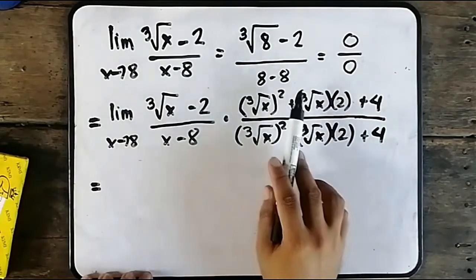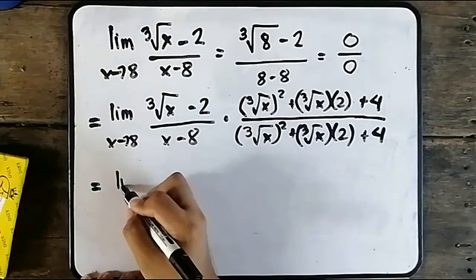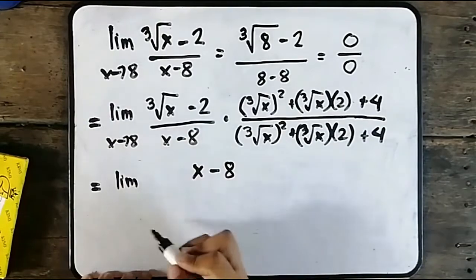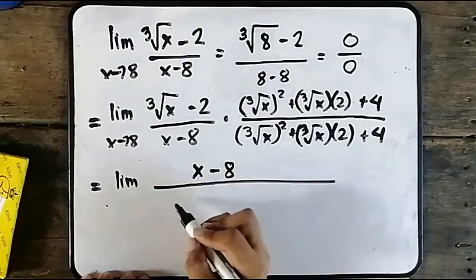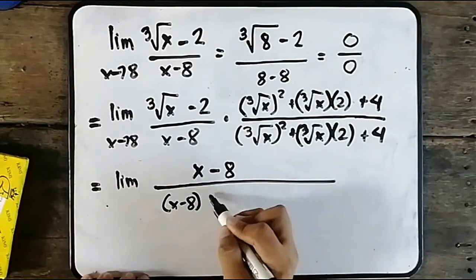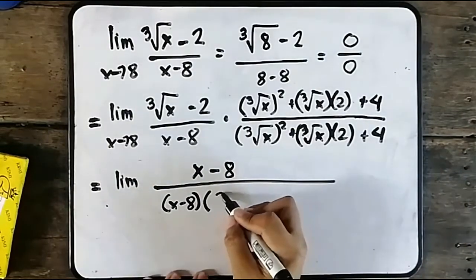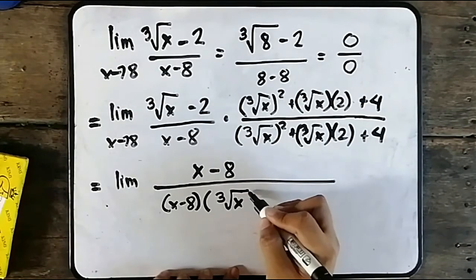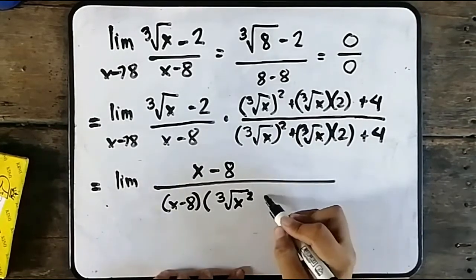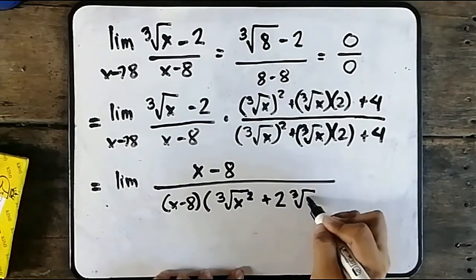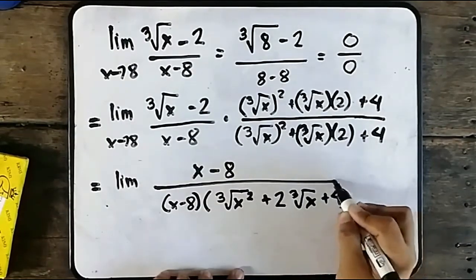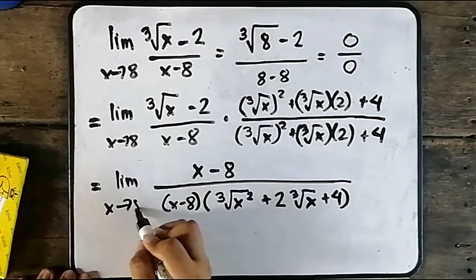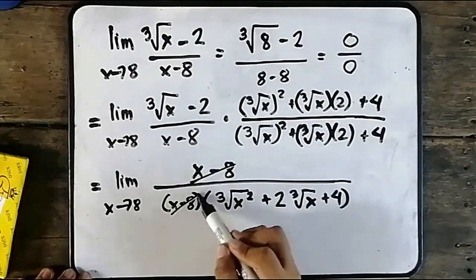Therefore, this now, if you multiply to this, becomes the limit of x minus 8 all over x minus 8 times, etong buong expression na to, cube root of x squared plus 2 cube root of x plus 4 as x approaches 8.